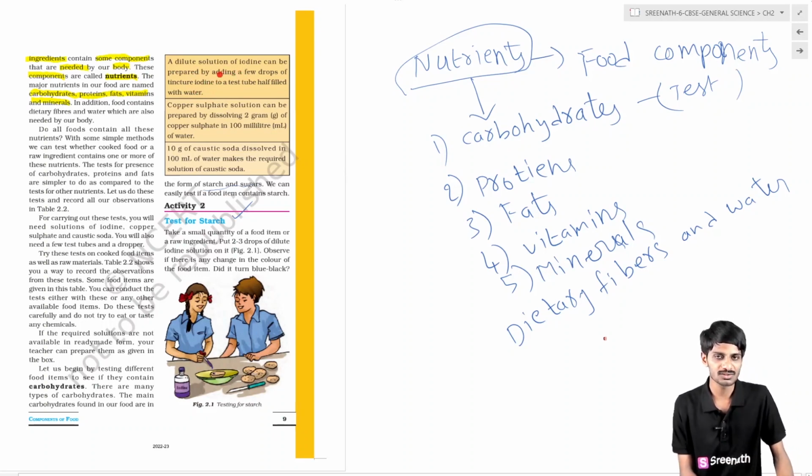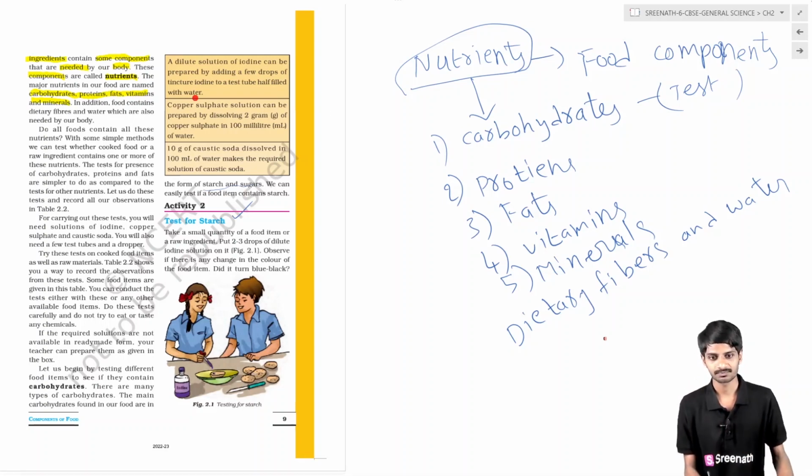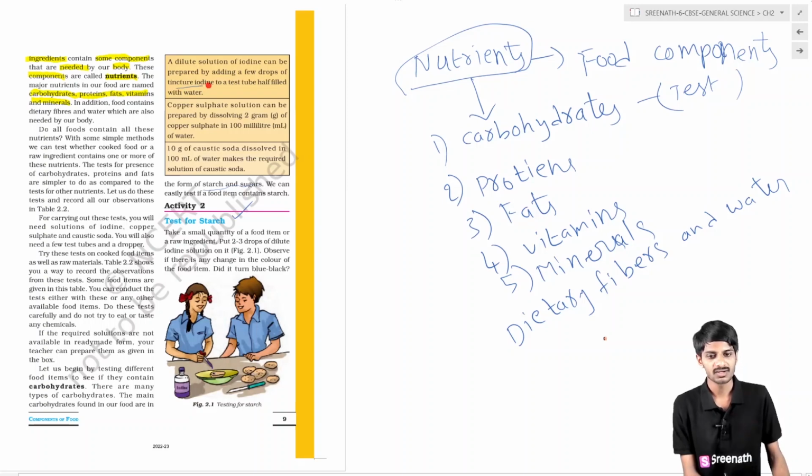A dilute solution of iodine can be prepared by adding a few drops of tincture iodine to a test tube half filled with water. Take a test tube, pour water until half, and add a few drops of tincture iodine. Then a dilute solution of iodine will be prepared.